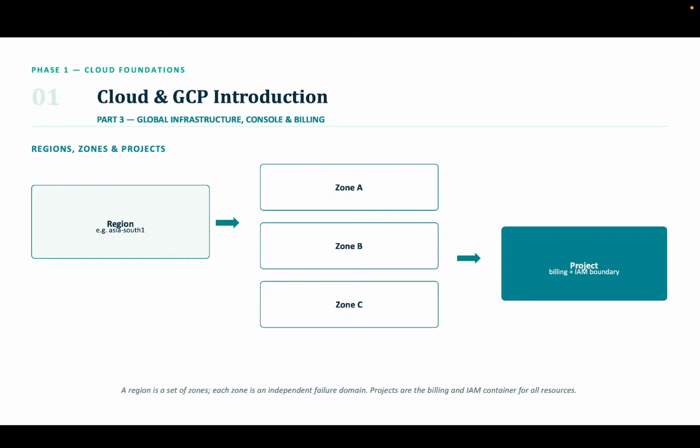VPC is a global resource in GCP, which means one VPC can be used across all the regions. Can, not should. You can have multiple VPCs created and use them for multiple applications, but that's a secondary thing.